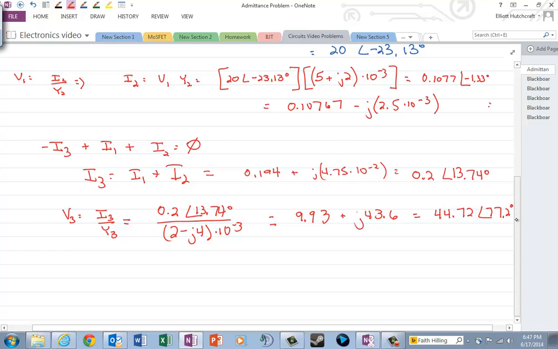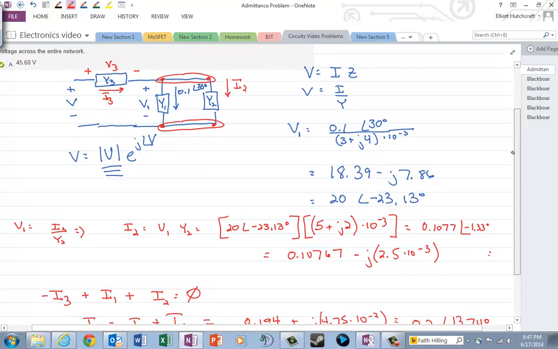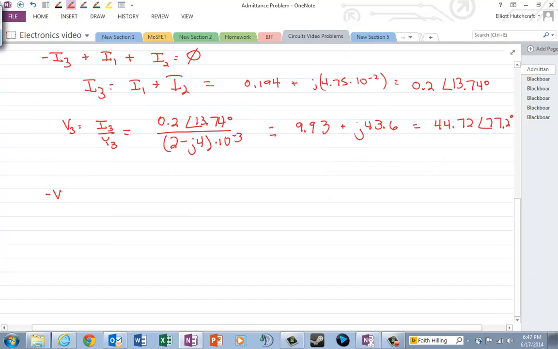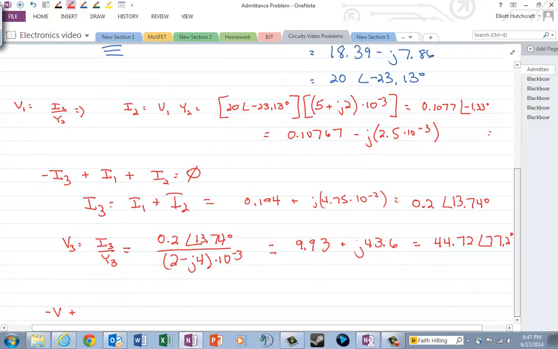Now if I want to find that voltage that I called V there, notice I can write an equation around the loop that says minus V plus V3 plus V1 equals 0. So V is equal to V3 plus V1.